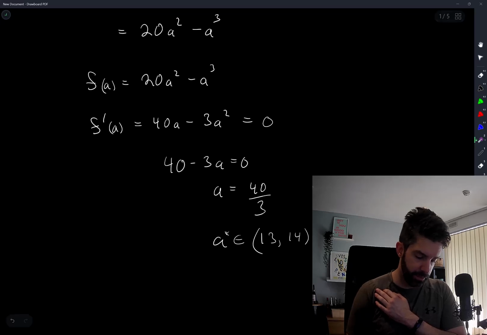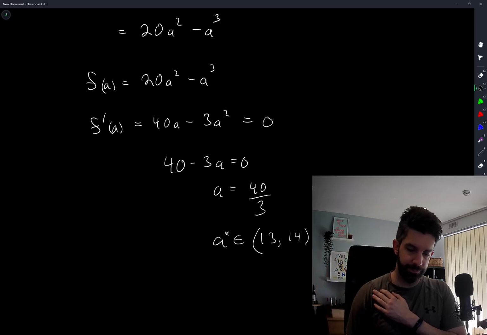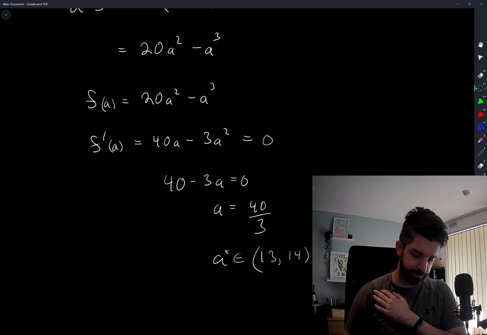So that means this is increasing for values of a up to 13 and then decreasing. So what I think I'll do now is, this doesn't tell us exactly whether it's at 13 or 14. That gives us the minimum or maximum.